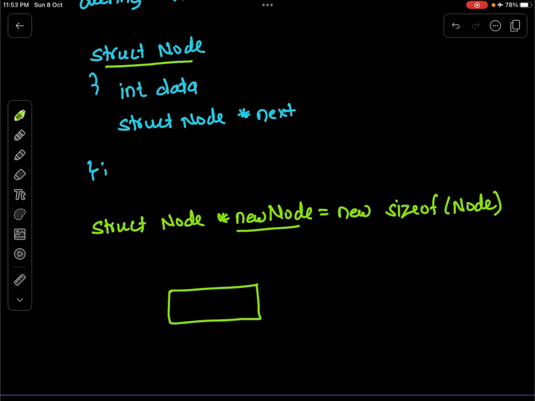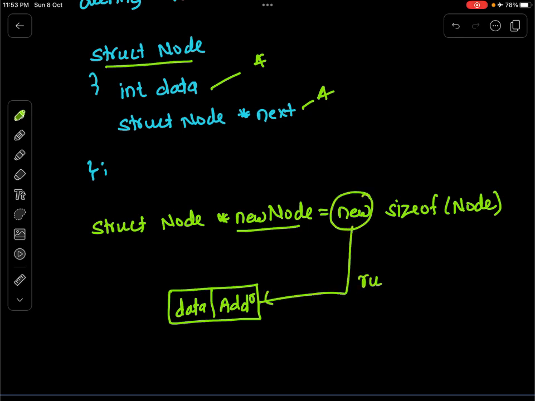Its total size will be 4 bytes and 4 bytes, both of 4 bytes each. This will contain data and this will contain an address. So I hope you understand how to create the node. This keyword basically helps to create the node during runtime, that is, we can create the node at any time, even after the compilation of the code.